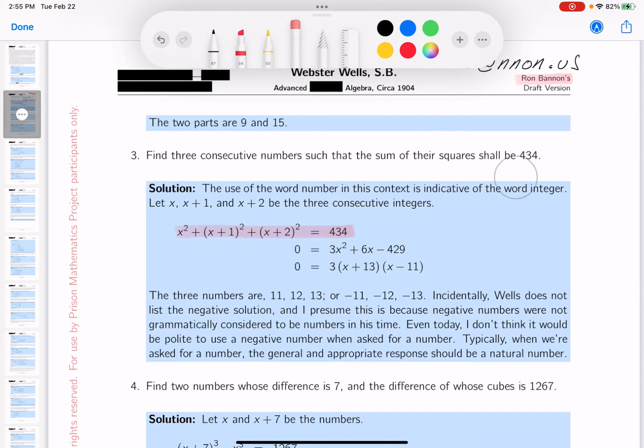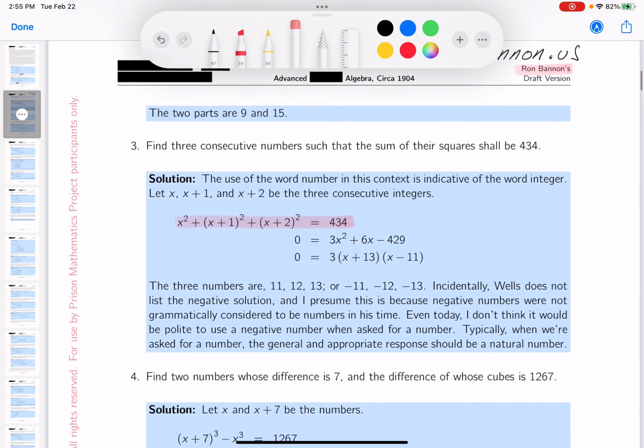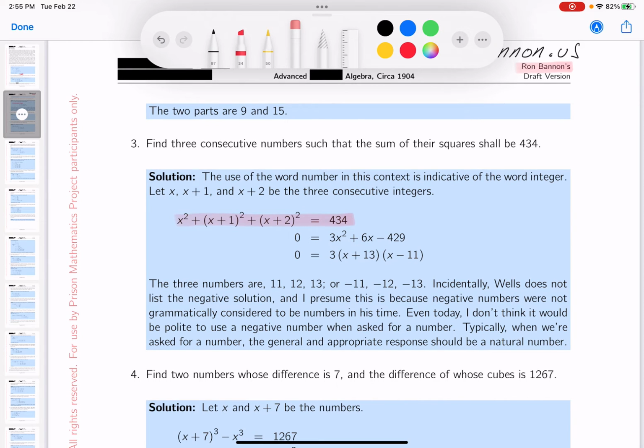Let me erase this over here. So when you get to your first milestone, your next milestone is, can you answer the question? So the way I would do that, and again, I know there's missing steps here, I'll put them down for you. You would get x squared plus x squared plus 2x plus 1 plus x squared plus 4x plus 4, and that equals 434.